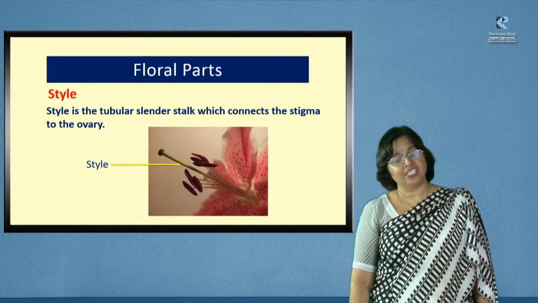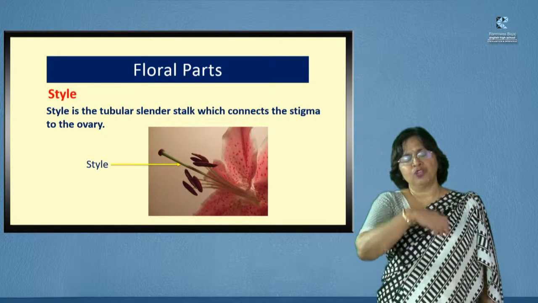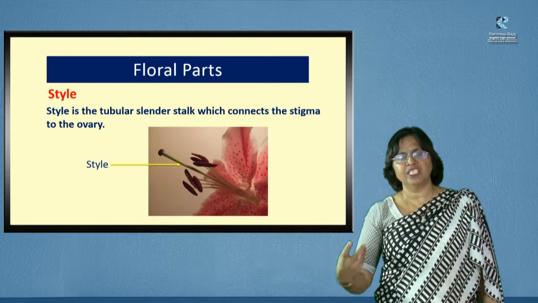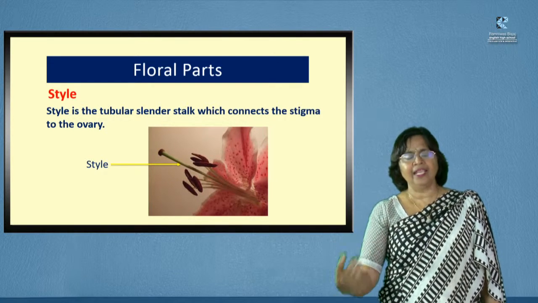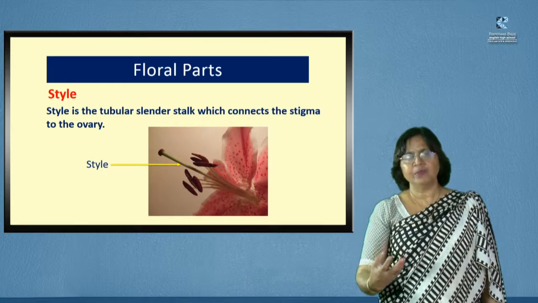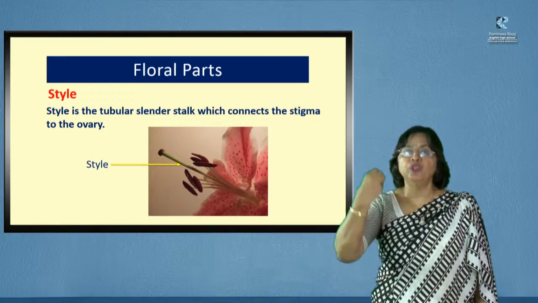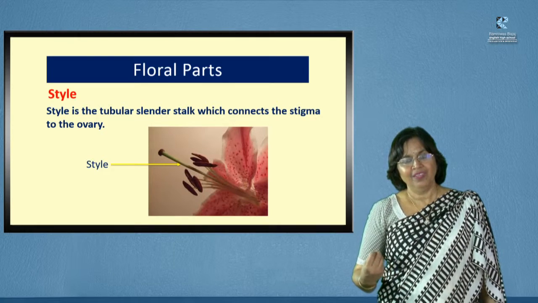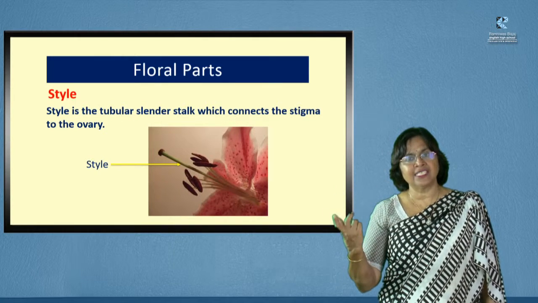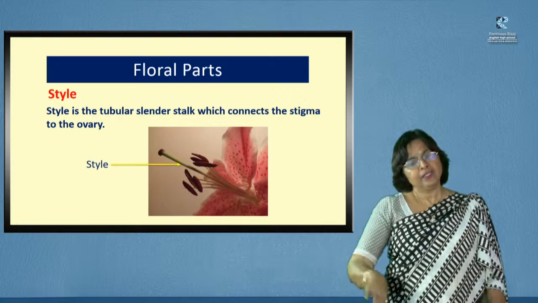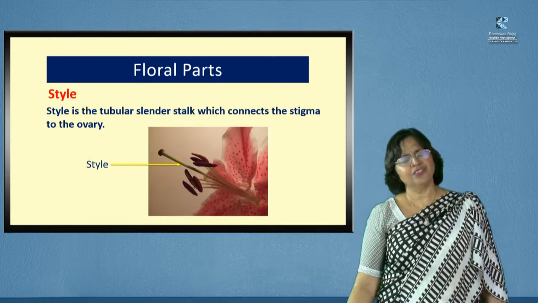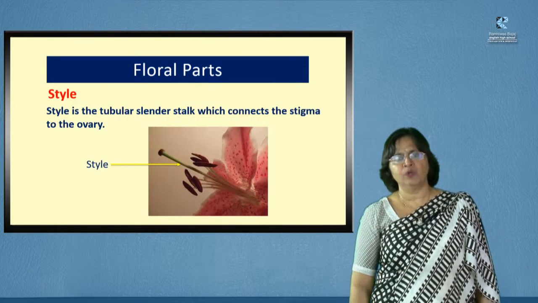The style. As I was just talking about the wind pollinated flower, where the style may be long and hanging out of the flower. In some cases, the style may be long and standing out of the flower, a tubular style. In case of the grains, as I was talking about, the wheat, etc., there the style is very, very long and hangs really outside the flower.